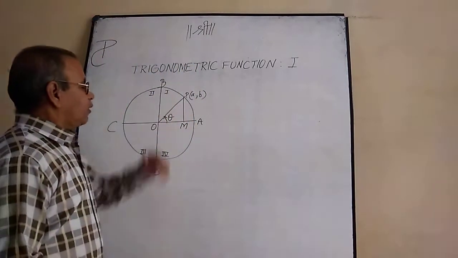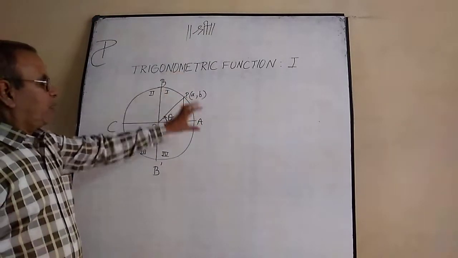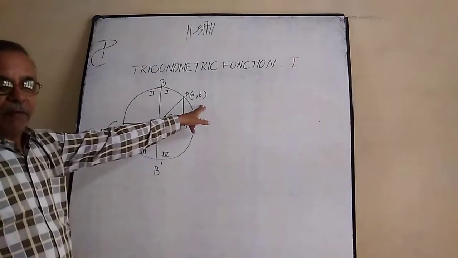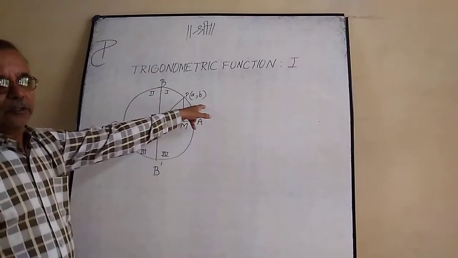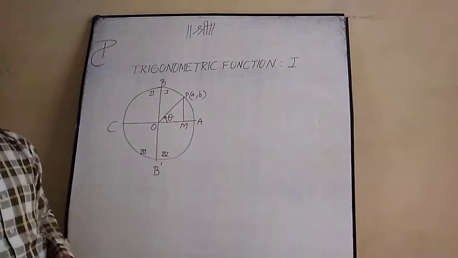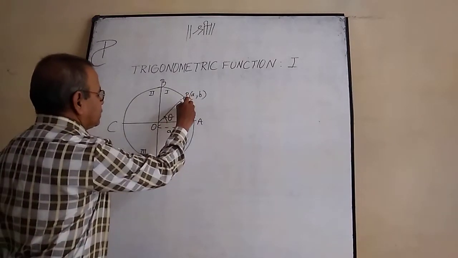In this first quadrant, the coordinates of any point P on arc AB are (a, b). By our knowledge of coordinate geometry, if we draw a perpendicular PM on OA, then OM is equal to a and PM is equal to b.